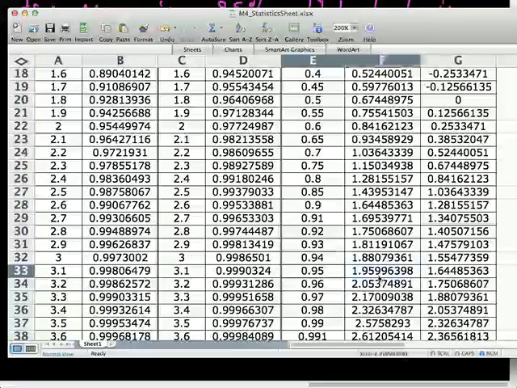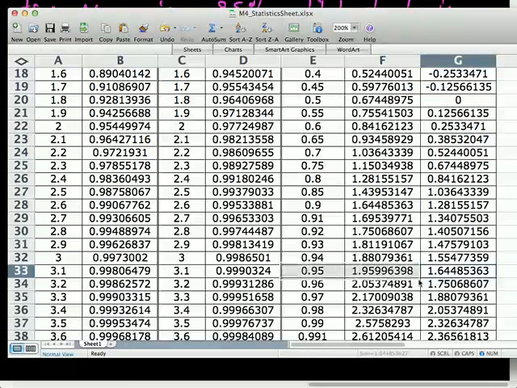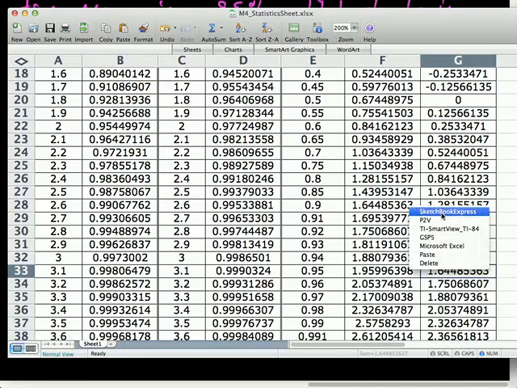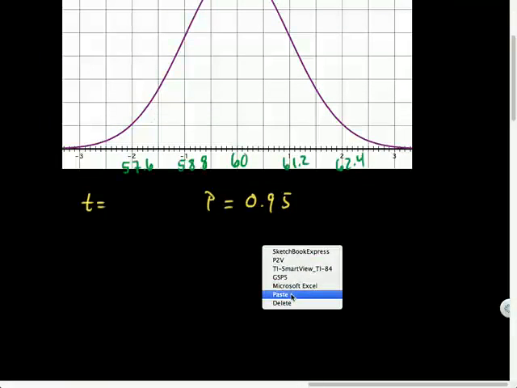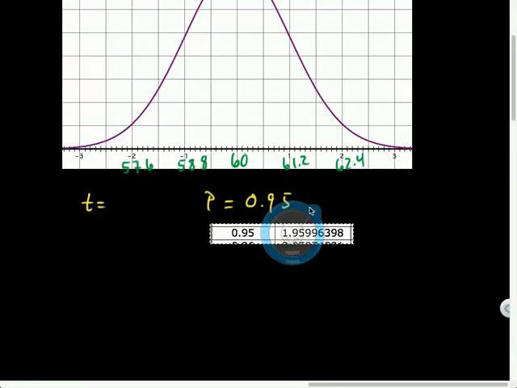Here it is. So I look up the percent that I wanted, and here's the corresponding t-value. Here's the corresponding z-value. I wanted the t-value because we're talking about the mean. So when p is 0.95, t is apparently 1.96, we'll call it.